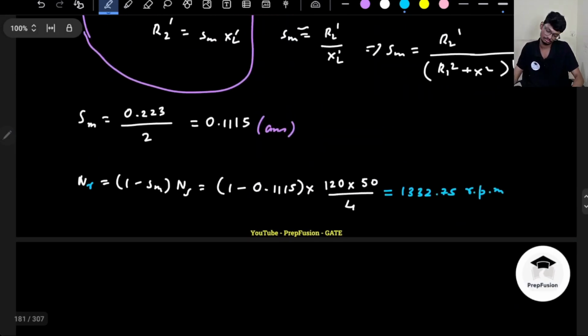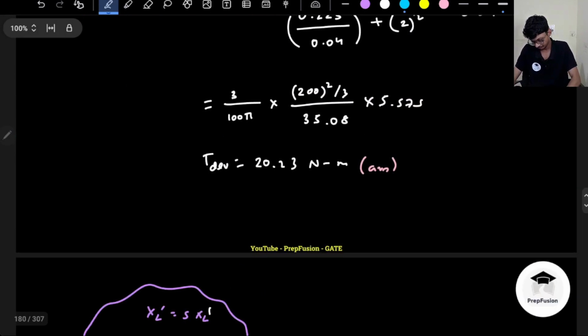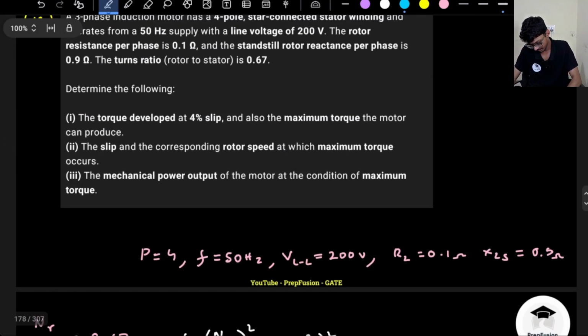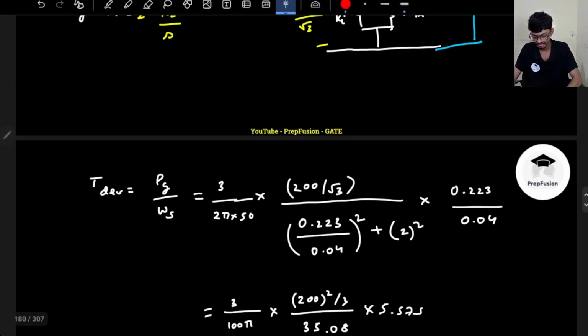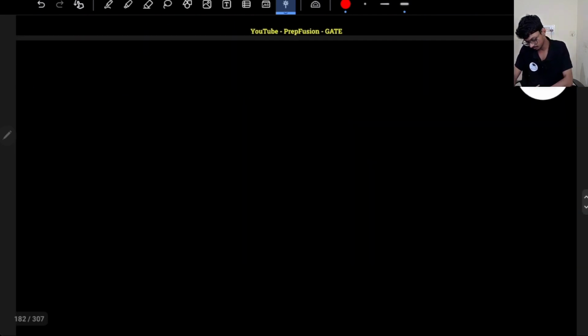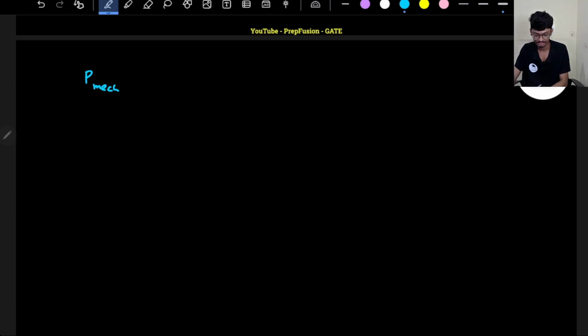Now what they are asking is the mechanical power output of the motor at the condition of maximum torque. So what is P mechanical, at s equals Sm, right? Very easy to find out. I can easily find out the air gap power Pg.